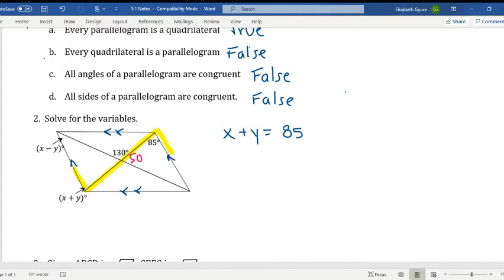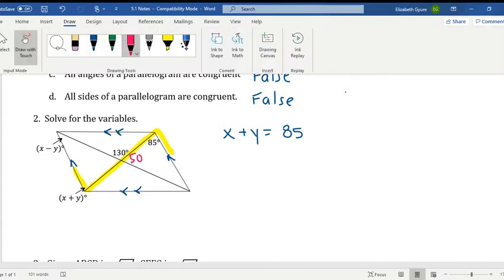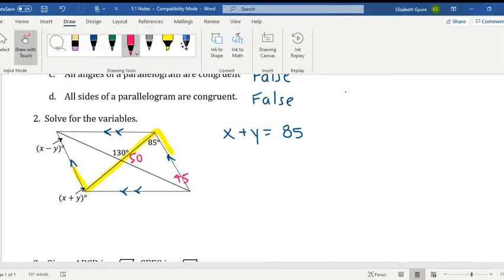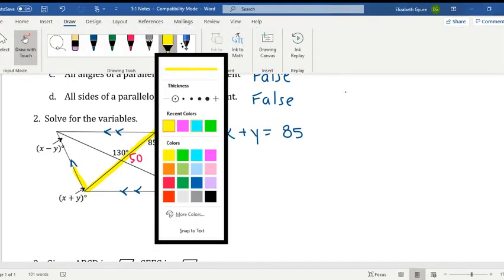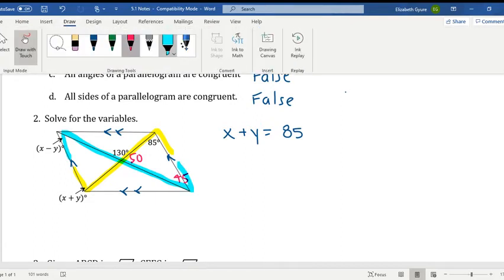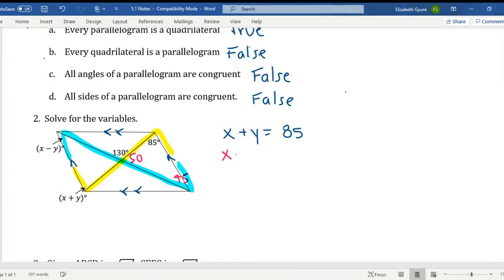So 85 plus 50 is going to be 135. 180 minus 135 is going to be 45. So I know this angle here would have to be 45 degrees. And then I can use my other set of alternate interior angles that sits right here. So my other equation is going to be that x minus y equals 45.